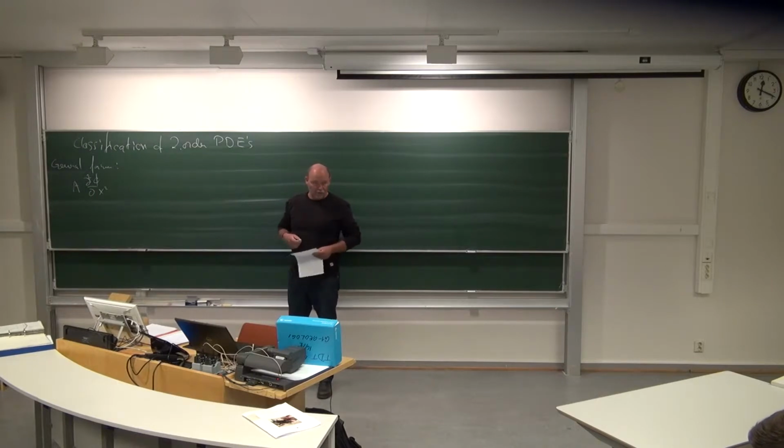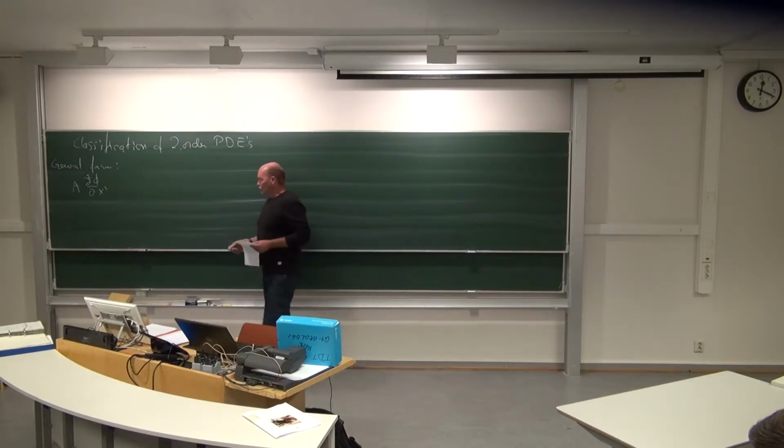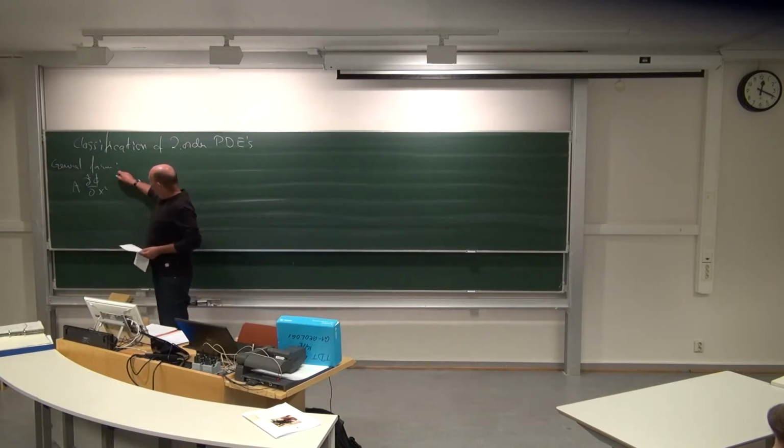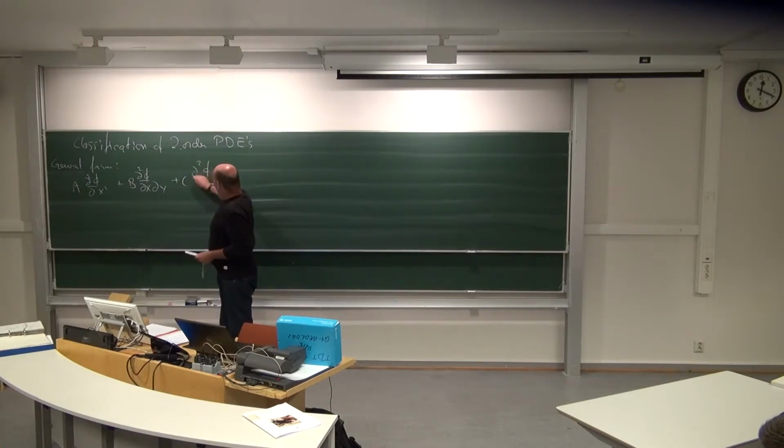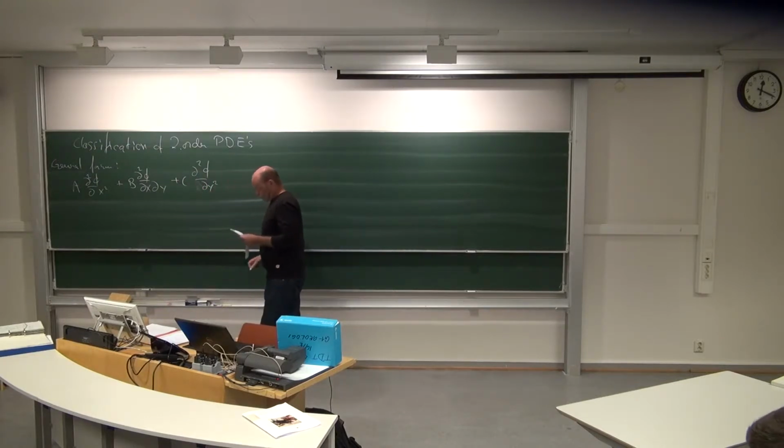It can be anything: velocity, temperature, pressure, and whatever. And then this is B, a double derivative, now with respect to both x and y, and finally C, a double derivative with respect to y. Something like this. And we can have other terms as well, equal to 0.